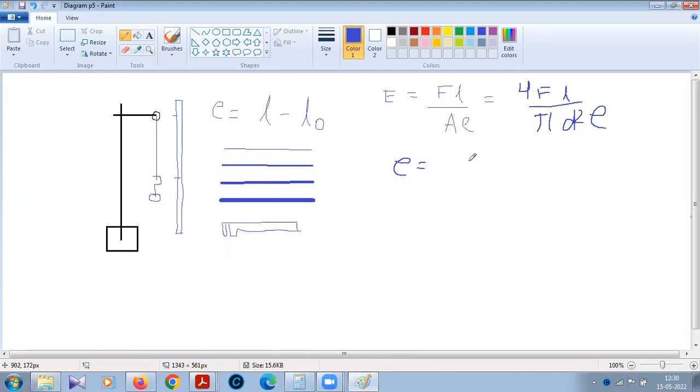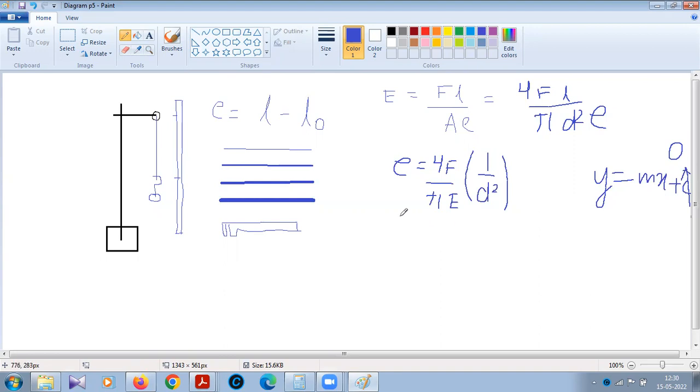So we are taking 1 by d square as the variable. And what all things are coming here, the other things will be the constant, that is 4FL upon pi into E. This is the constant, so you can compare it with the equation of a straight line, y equals mx plus c. Here c is 0 because it is passing through the origin. So you can get the gradient here.